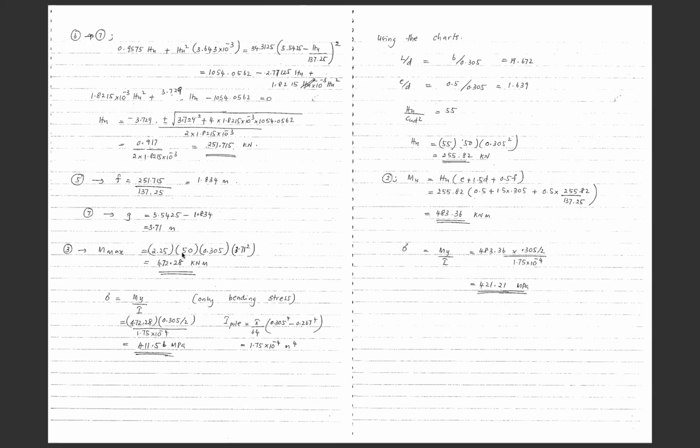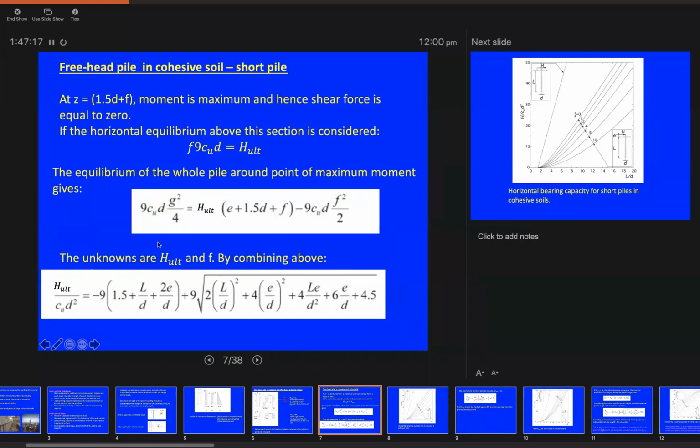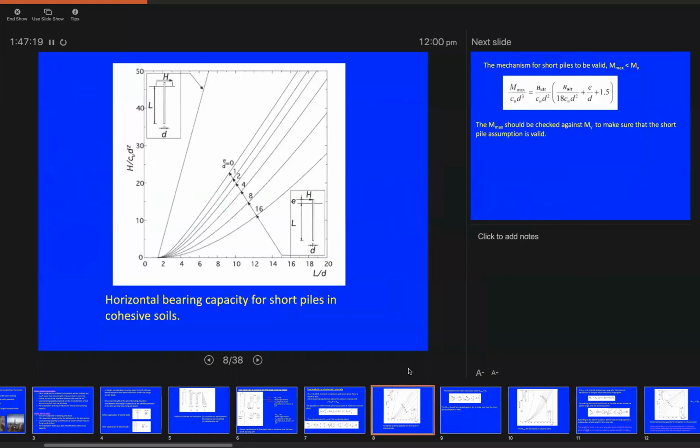So that's using either the first principles of static equilibrium or the derived equations to solve for H ultimate and M maximum. Instead of using these equations, you can directly use the charts. To use the charts here, we can solve directly for H ultimate using this chart.